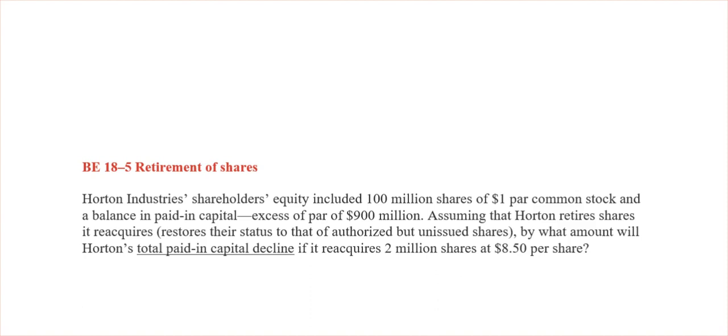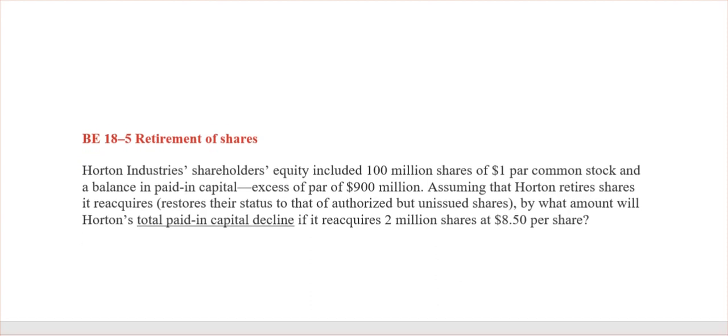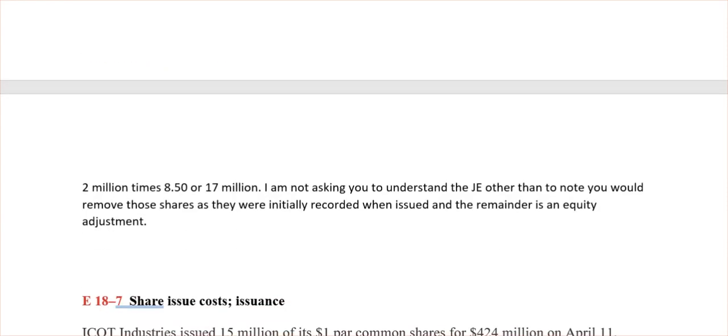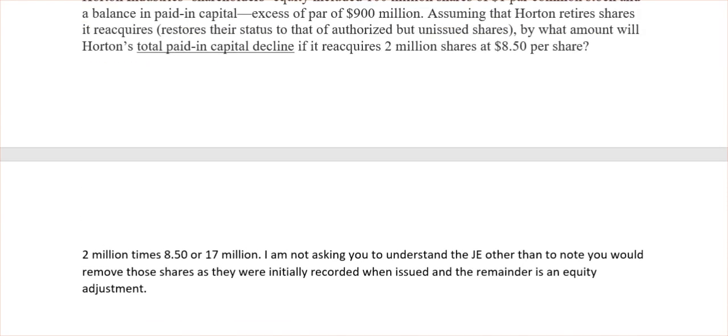And you do a credit to cash, 2 million times 8.5, what is that, 17 million? Yeah, 17 million credit to cash. And they're saying, what is the debit to contributed capital? That's the question. And all of that goes to contributed capital, 2 million times 8.5 or 17 million.